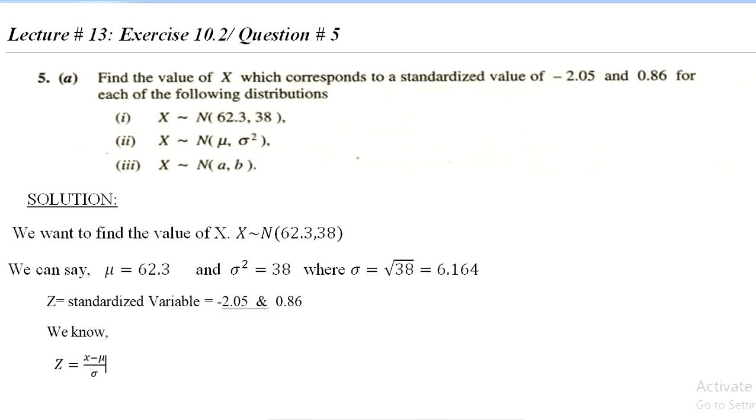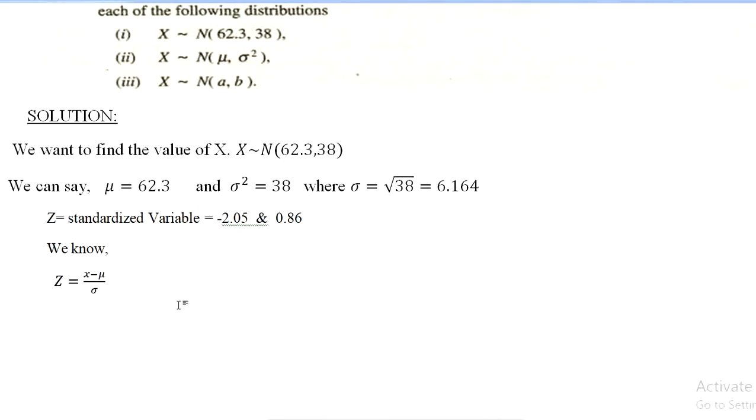Now we will substitute the values in this formula. Now substituting z, as we have z is equals to minus 2.05 and 0.86, and remaining values in above formula.